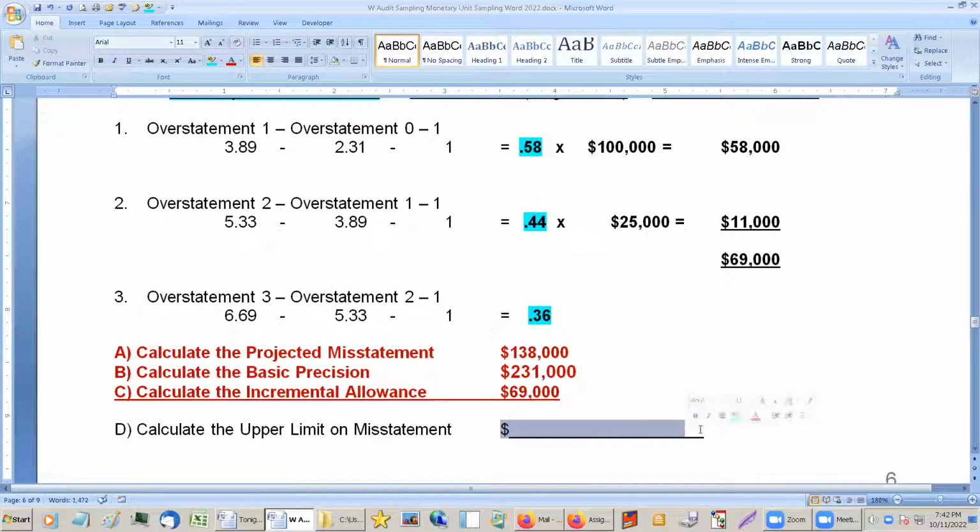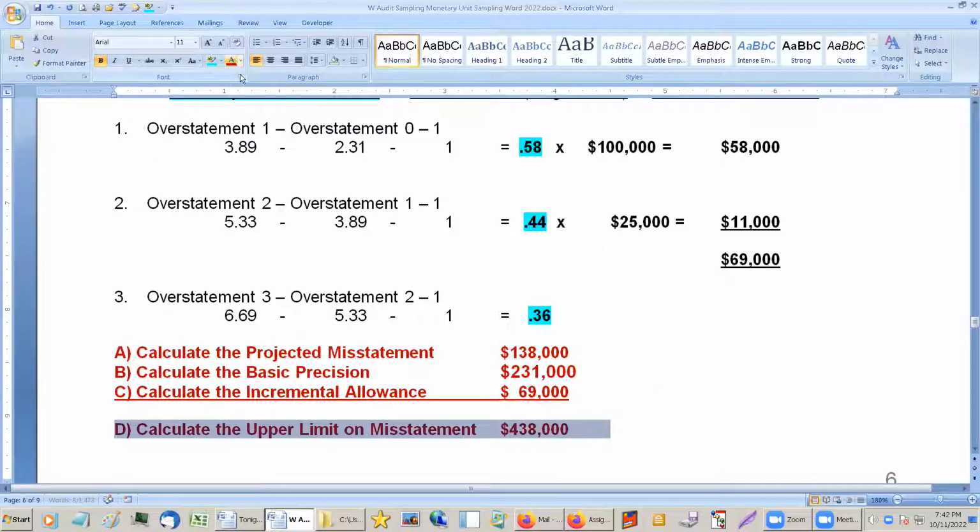Total. I think it's 438. Yeah, 438. Let's try that again. We have 4 there. Okay. So this is the upper limit of what we think it can be off by.